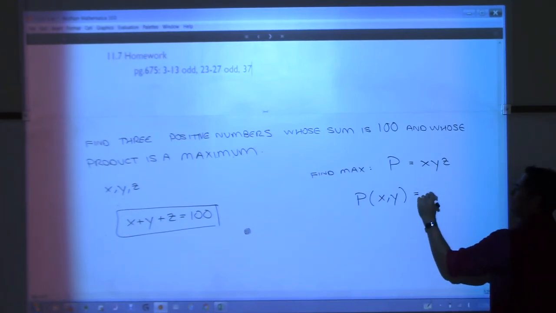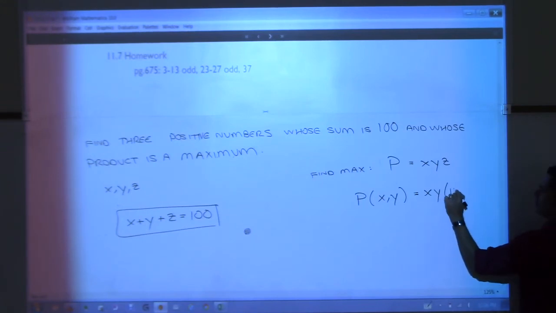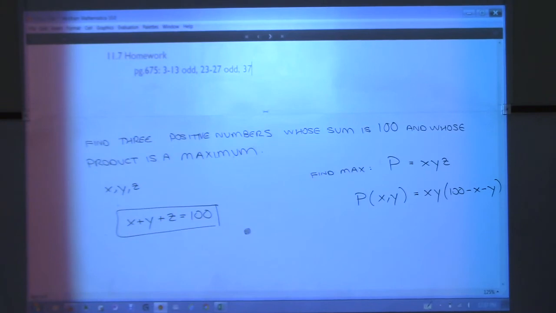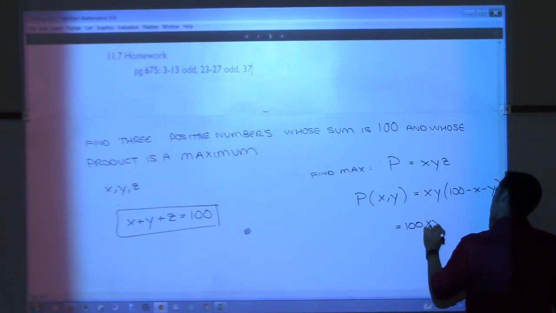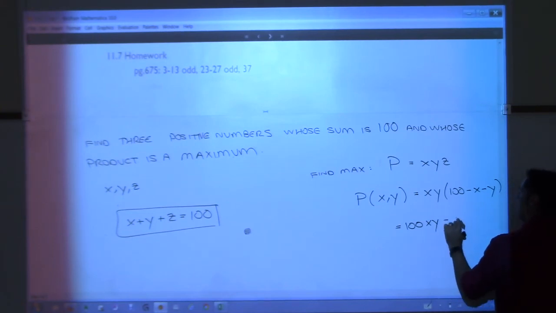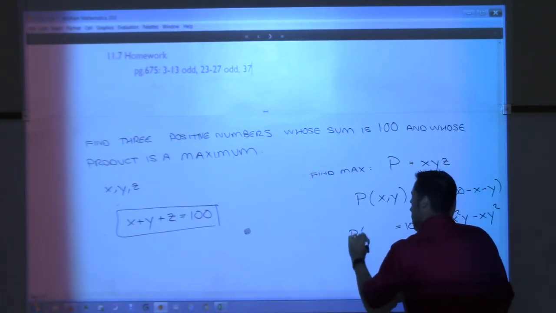I'll have xy times what's z? 100 minus x minus y, right? And then you could distribute through. You get 100xy minus x squared y minus xy squared. So there is a function of 2 variables, right?